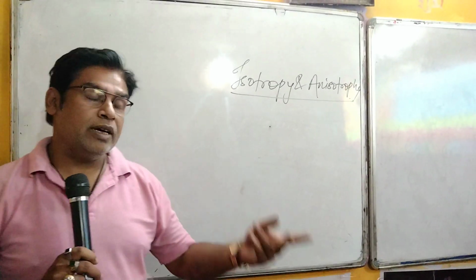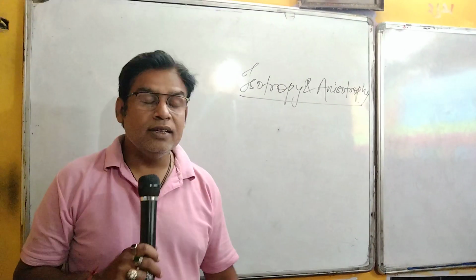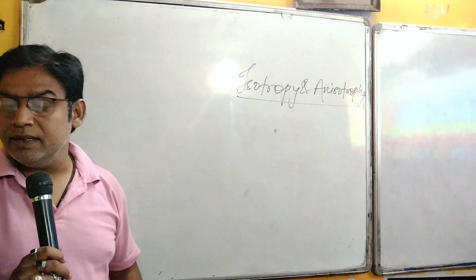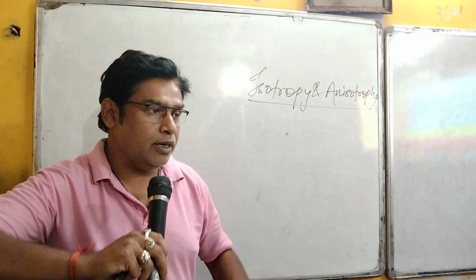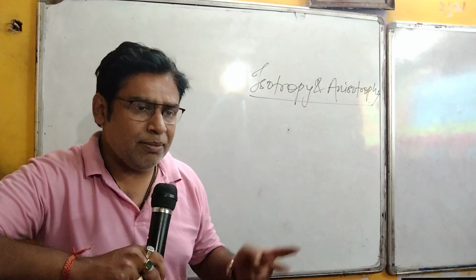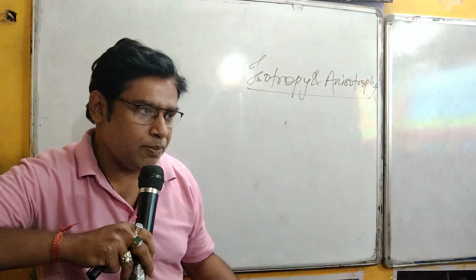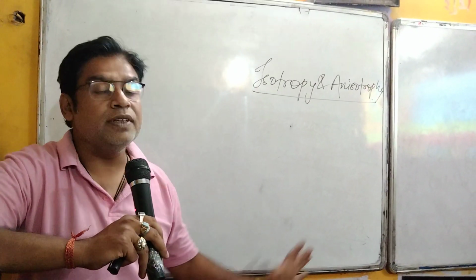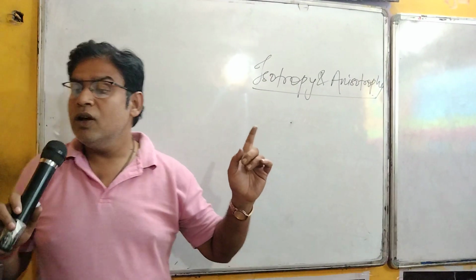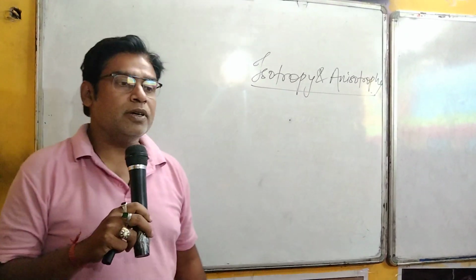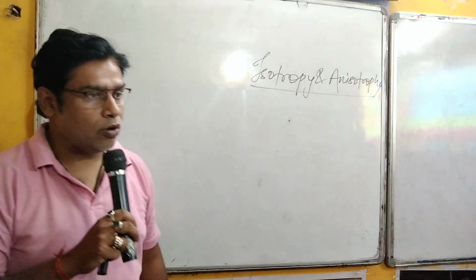Clear? Whether you take the case of gases or liquids. So as I told you, basically refractive index, thermal expansion, electrical conductivity are the same in all the directions. This property is commonly called isotropy.